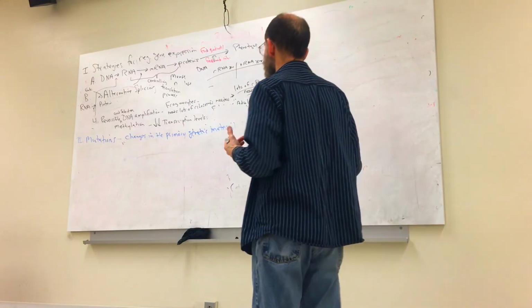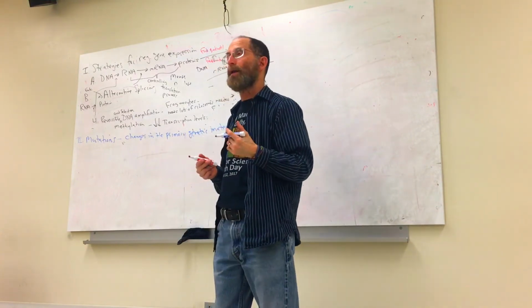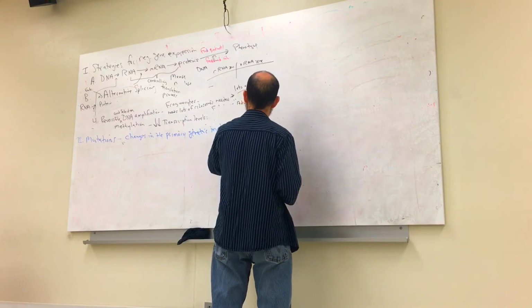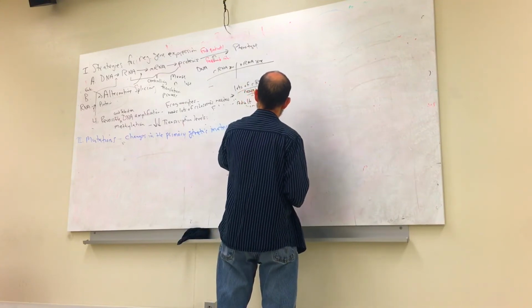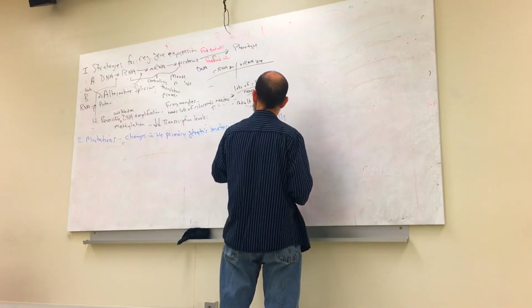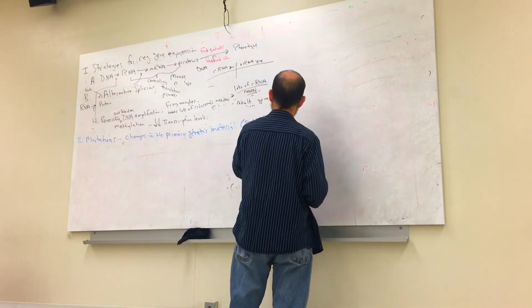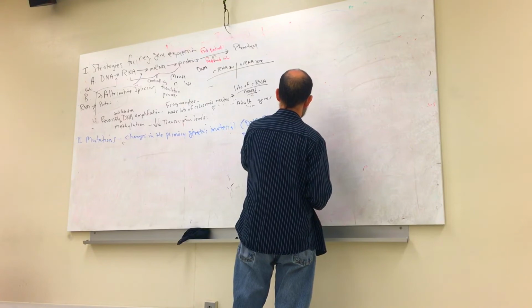So in cellular organisms, that means it's going to be what? DNA, that's right. So this is going to be DNA for cells, DNA or RNA, depending upon the type of virus.